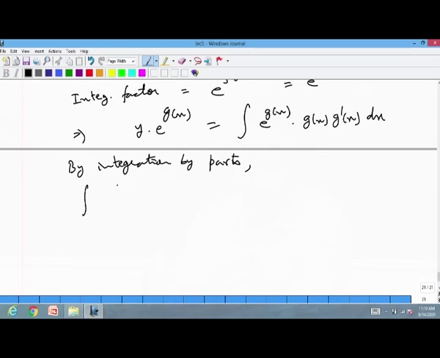Integral of, we will write this as g(x) times e to the g(x) g'(x) dx.